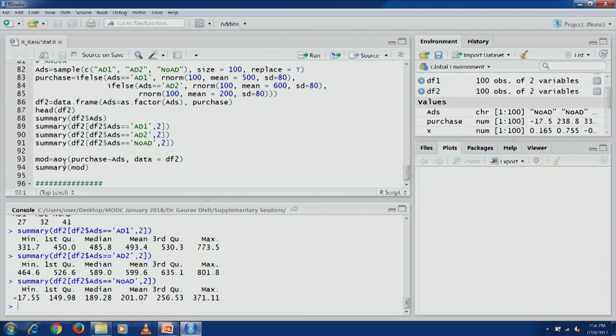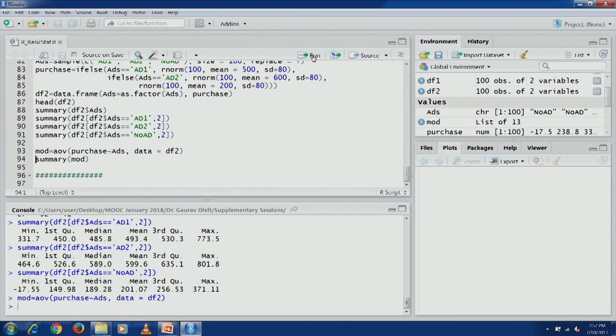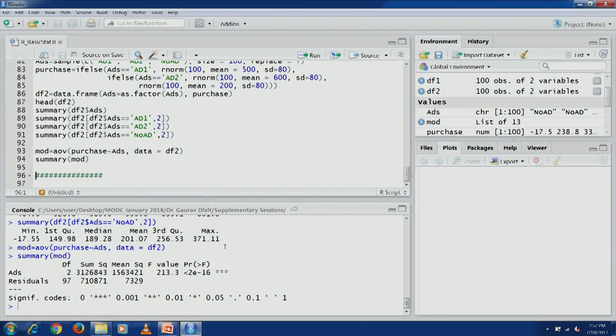Now we have this aov function to perform the ANOVA test. In this case you can see the first argument is a formula. Purchase is being tested with respect to ads, and data is df2, the data frame we have just created. So let's run this. Now let's look at the results.